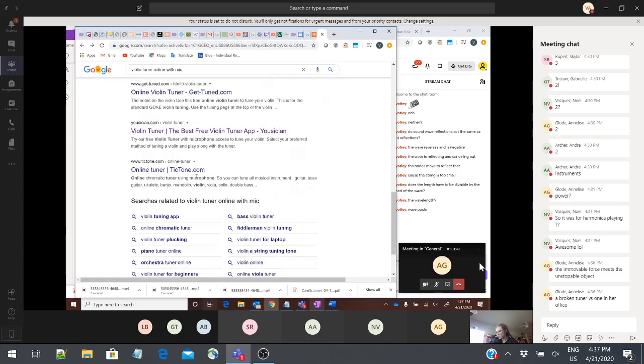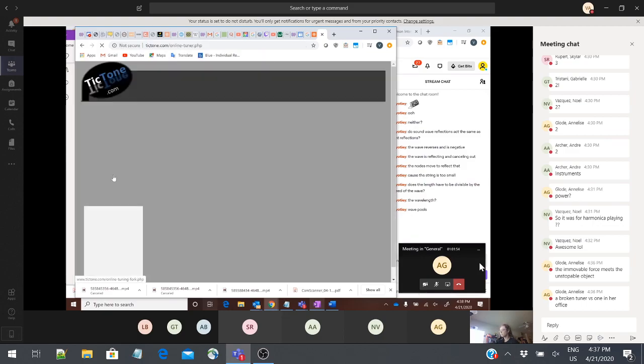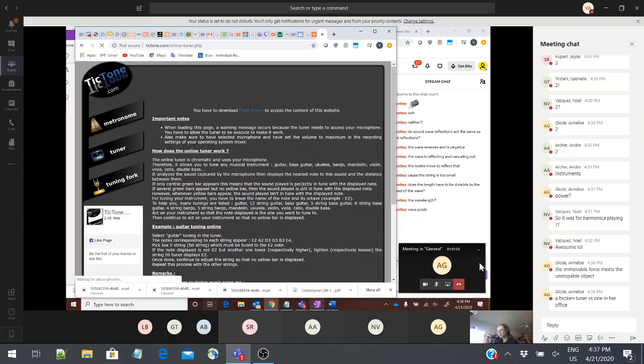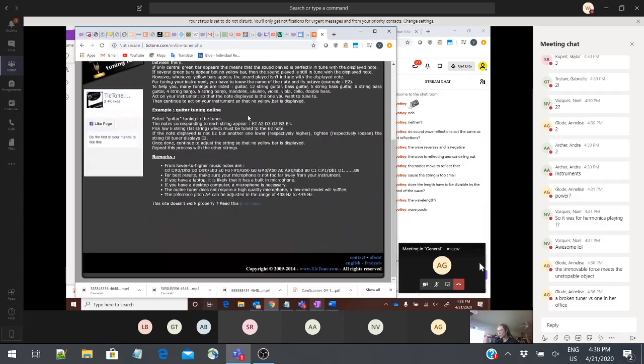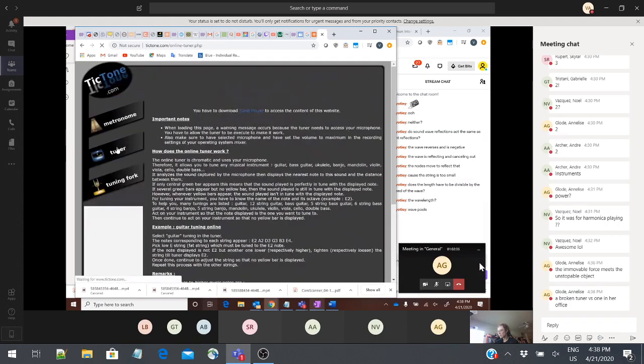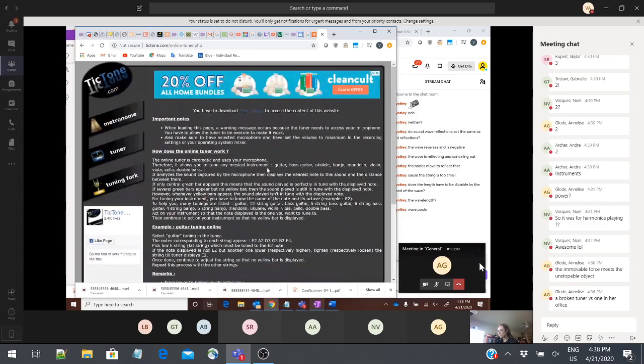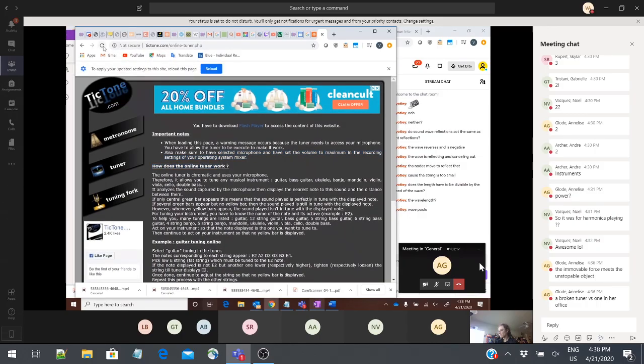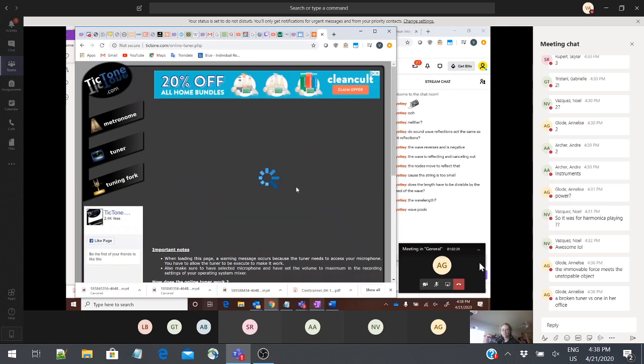Microphone access. See if this works. If not, I'm just going to give up. Download Flash Player. Have Flash Player. Tuner. Wow. There we go. I didn't think about doing this before.